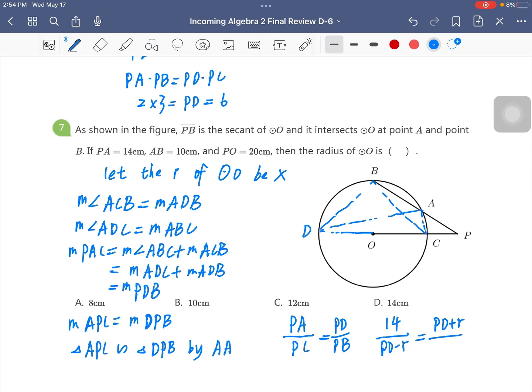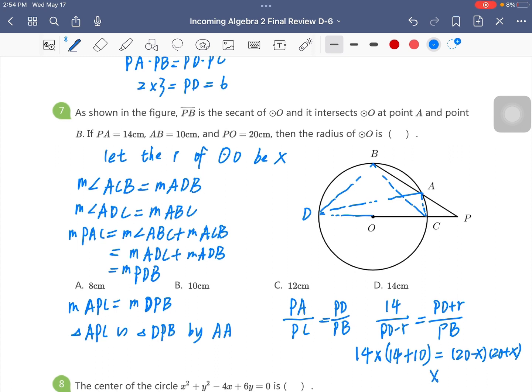So 14 times (14 plus 10) equals (20 minus x) times (20 plus x). So we get x equals 8, which is choice A.